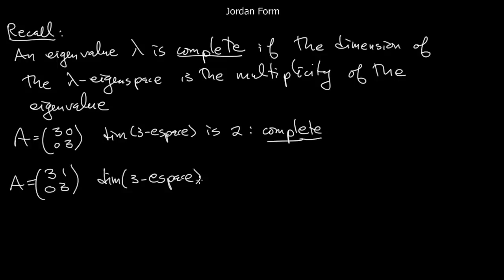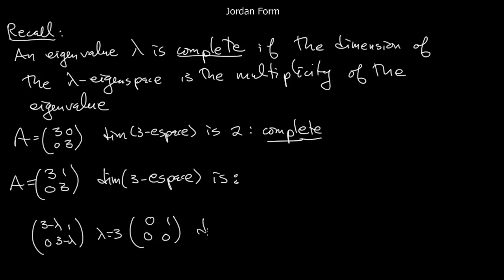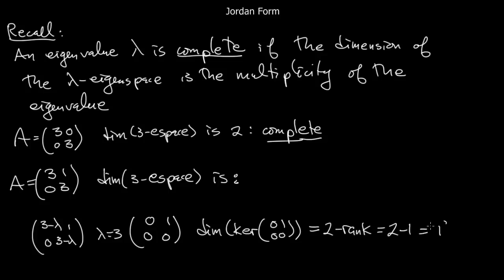On the other hand, in this defective, so to speak, example, the multiplicity is still 2, but the dimension of the 3 eigenspace in this example is what? Well, let's see. You take this matrix 3 minus lambda, you set lambda equal to 3, and the question is, what's the dimension of the kernel of this? And the dimension of the kernel is 2 minus the rank, and the rank is 1, and so the dimension of the kernel of this is 1.